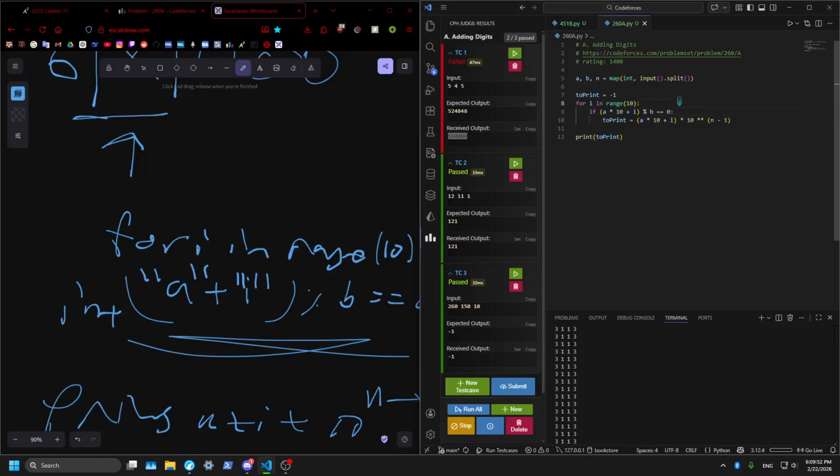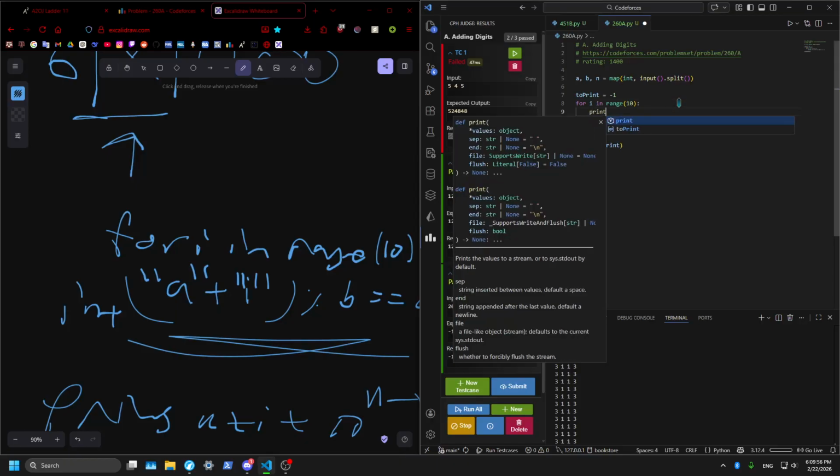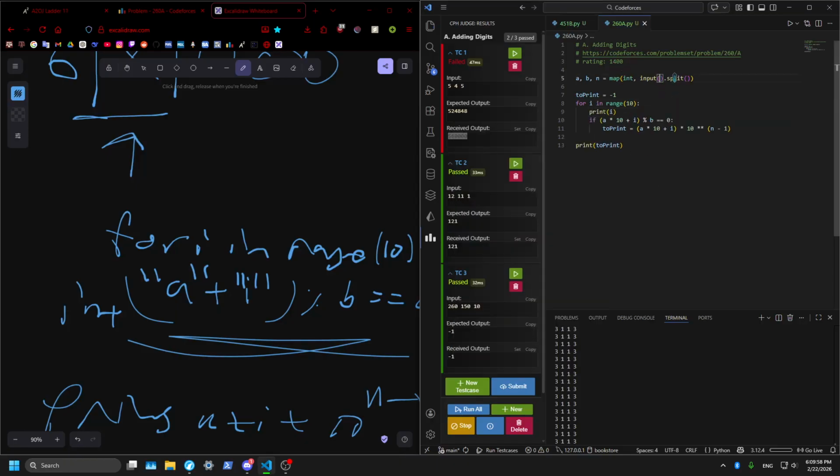Why am I using 6? Oh, 50 mod 4. It's not, right? Wait, it is. Wait, no, it's not. Oh, that's wrong. That's why.